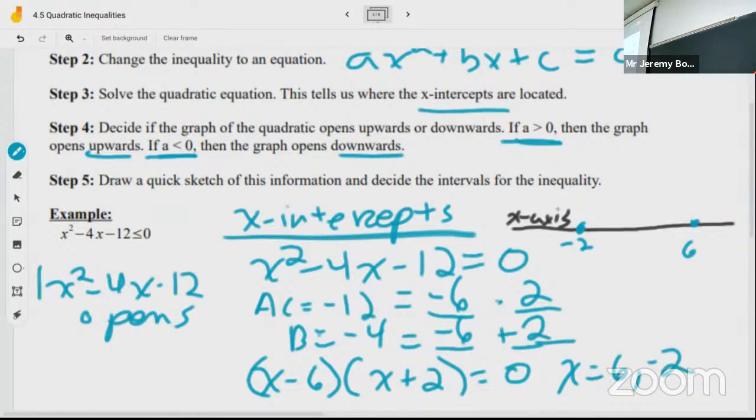Because it's x squared, so that's 1x squared. So if a is 1, it's positive, and it's going to open up. Remember, if it's negative, it's going to open down. If it's positive, it's going to open up. Yep, good job. So that means I know what my graph's going to look like. It intersects here and here, and it opens up, so it should look like that. So let's draw it.